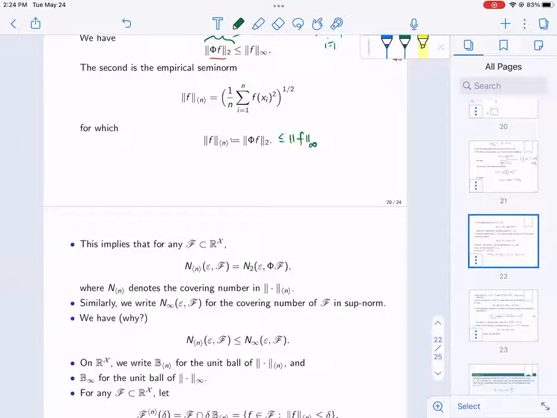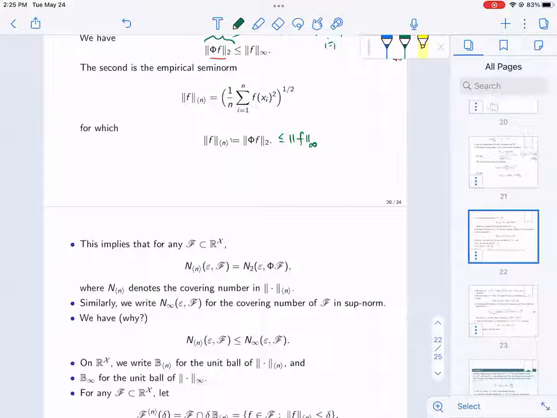Because of this relation, if I find two functions whose distance in the empirical norm is less than or equal to epsilon, this is equivalent to saying that phi of f minus phi of g in L2 norm is less than epsilon, okay? And so basically I'm covering, let's say, Theta in R^n. So I'm covering Theta in the L2 norm if I'm covering f in the empirical norm, okay?